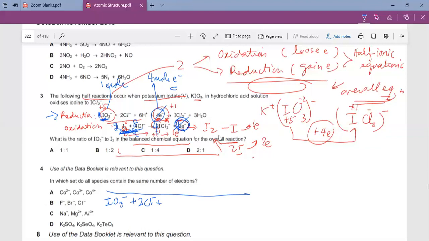Here are 2, here are 4, here are 8, isn't it? So when you add them up, you can cancel off. You bring this up over this 2 electrons up here, it's minus now. So the H plus here should be 8 plus 2, so 10. Sorry about this. So it should be 10.